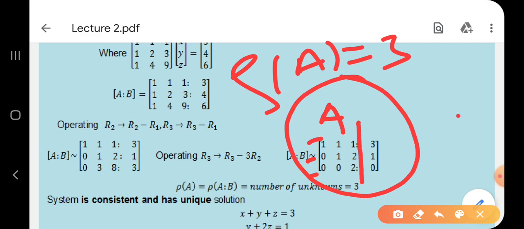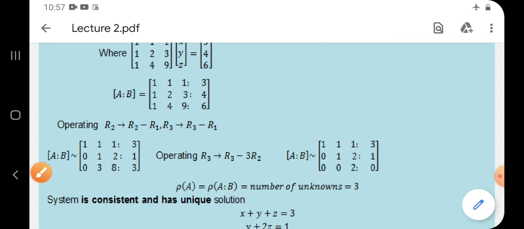If rank of A is 3, then rank of AB is at least 3, but not less than 3. Understood? So here rank of AB is also 3 because 3 rows are present. This is the first row, this is the second row, and this is the third row. All 3 rows are present, right? So rank of AB is also 3. Can we say that rank of A is equal to rank of AB?